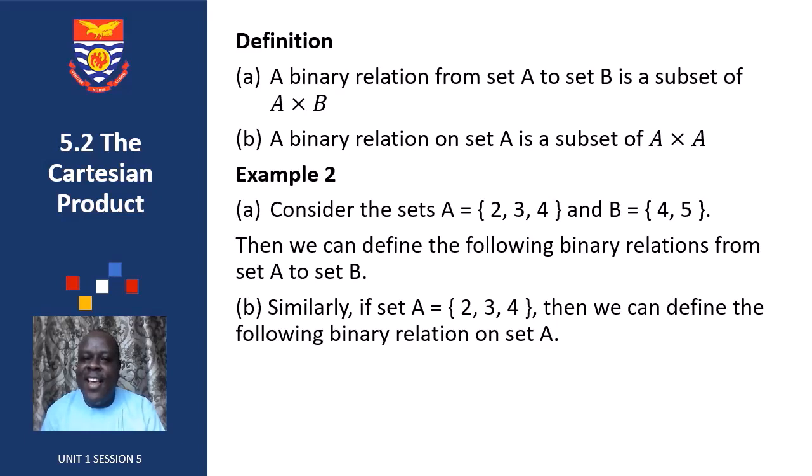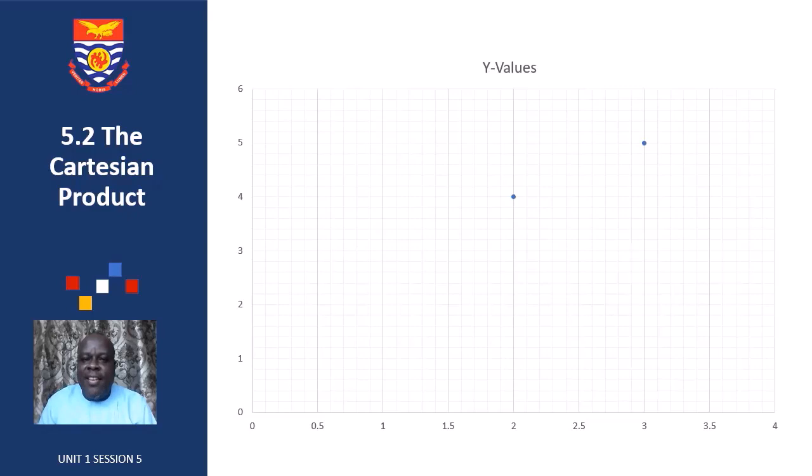Considering the first one, some of the subsets that you can get for A cross B are (2, 4). You can also have (2, 5). You can have (3, 4). You can have (3, 5). You can have (4, 4). And you can have (4, 5).